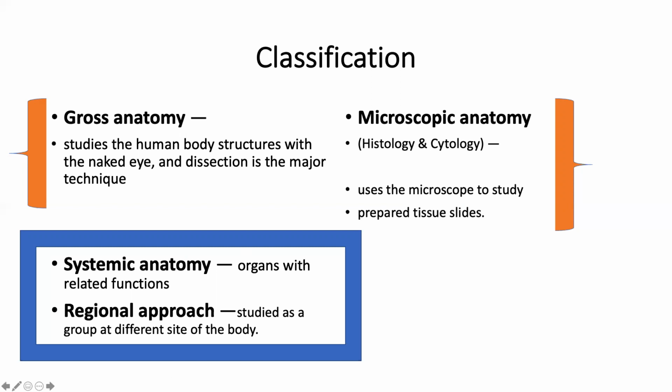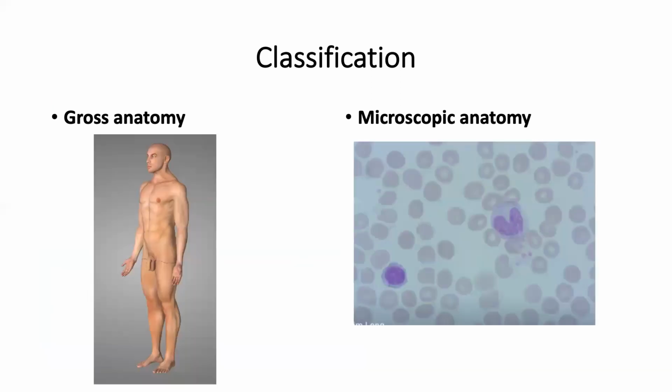That is regional anatomy. Systemic anatomy relates to the organs and their associated function. For example, if we study the heart and blood vessels, that is the study of the cardiovascular system. This is systemic anatomy. So we can divide it like that as well.